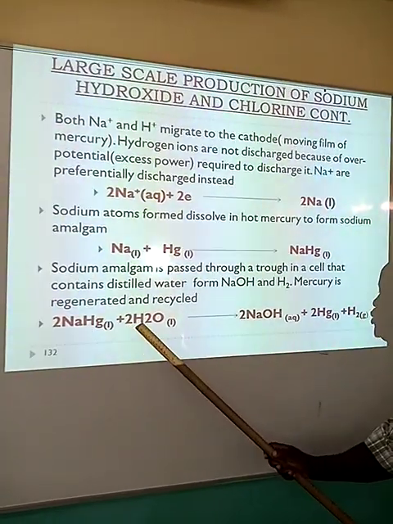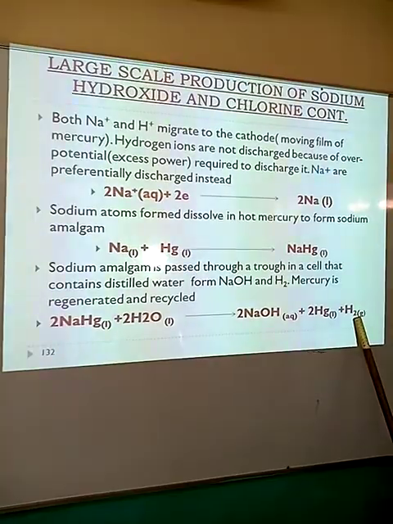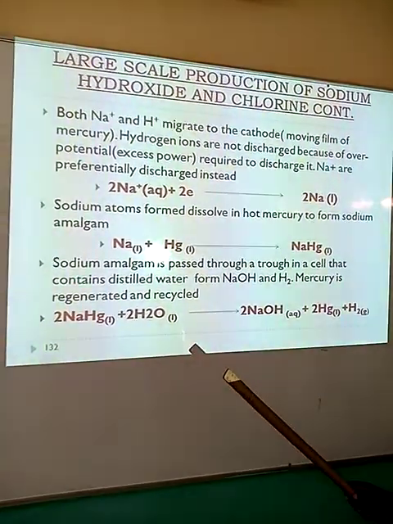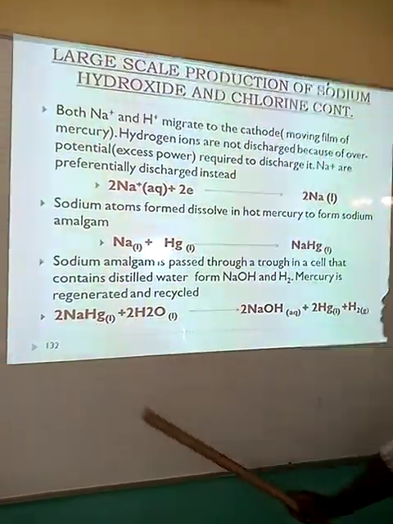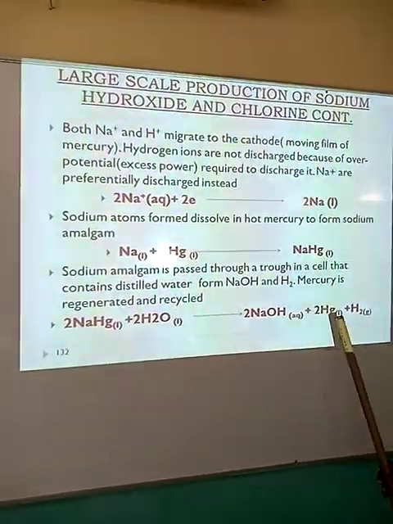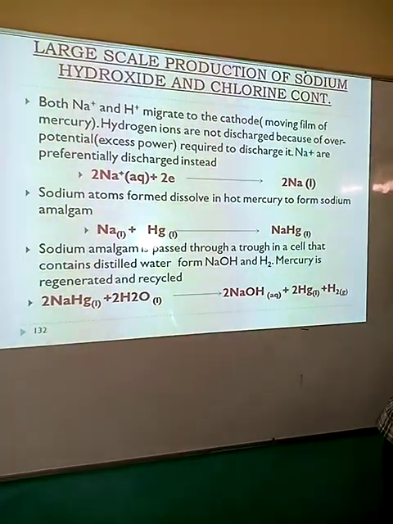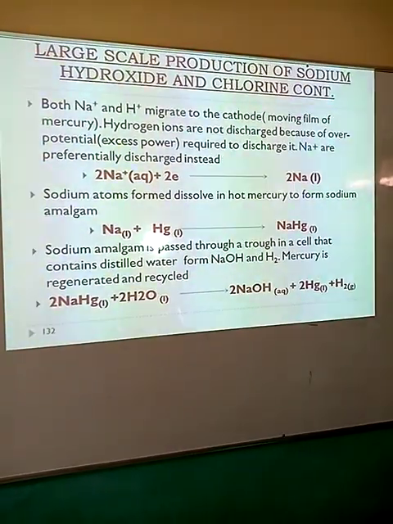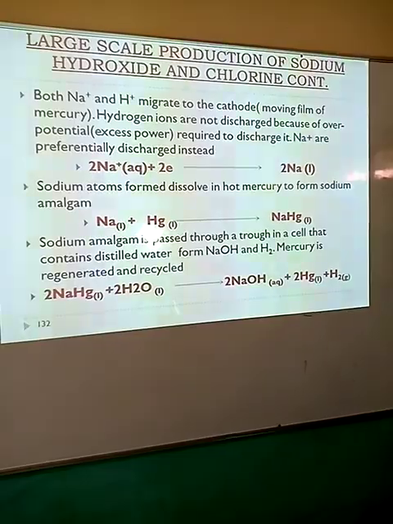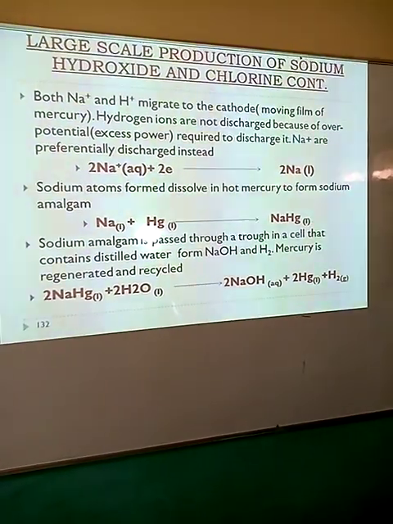Sodium amalgam plus water to form sodium hydroxide plus mercury plus hydrogen. So 2 moles of sodium amalgam requires 2 moles of water to form 2 moles of sodium hydroxide, 2 moles of mercury, and 1 mole of hydrogen gas. That is how we obtain sodium hydroxide in large scale and also chlorine in large scale.